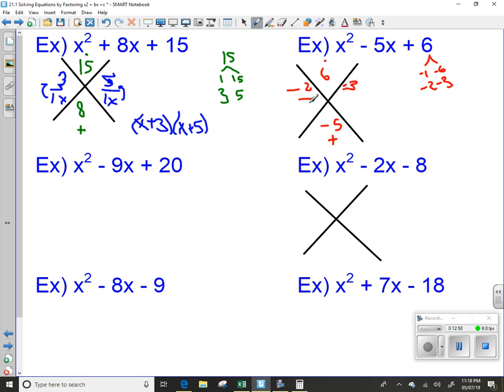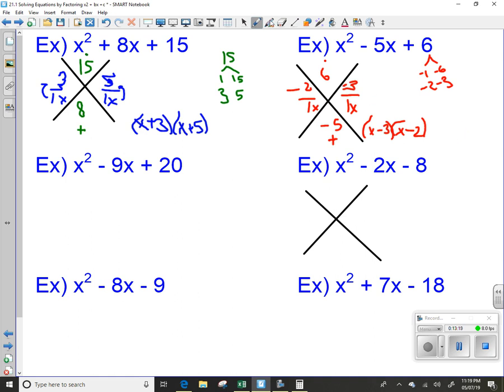Now I'm going to divide each of these by my 1, put my x in the bottom. And now for my answer, again reading from the bottom up, I'm going to have x minus 3 and x minus 2. And there's my answer.